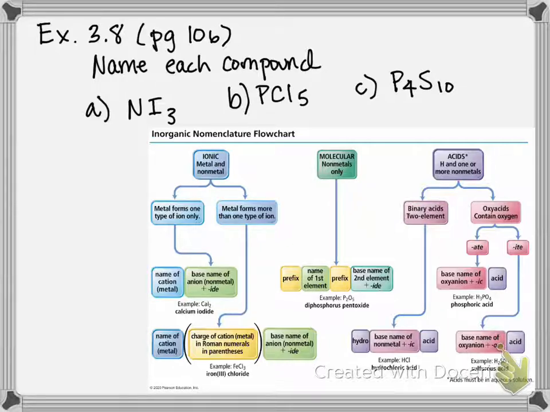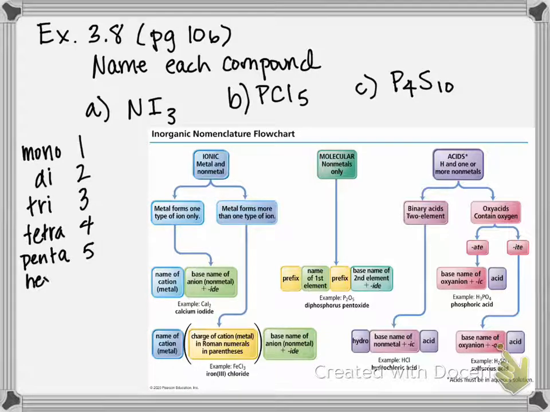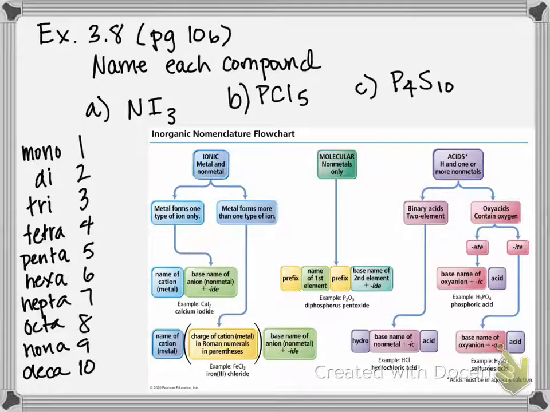So the prefixes are, I will write them: mono, meaning 1, di, meaning 2, tri, meaning 3, tetra, meaning 4, penta, meaning 5, hexa, meaning 6, hepta, meaning 7, octa, meaning 8, nona, meaning 9, and deca, meaning 10.